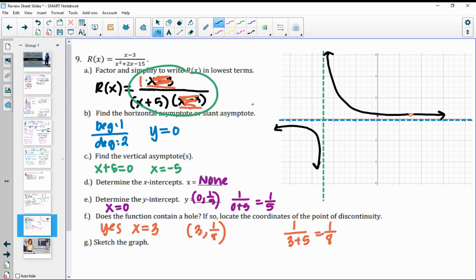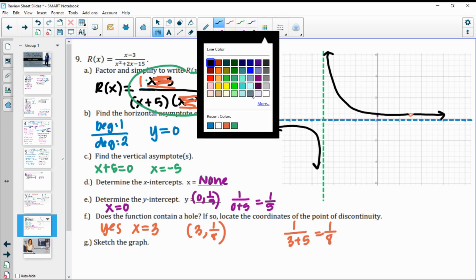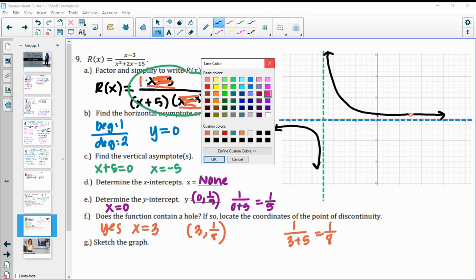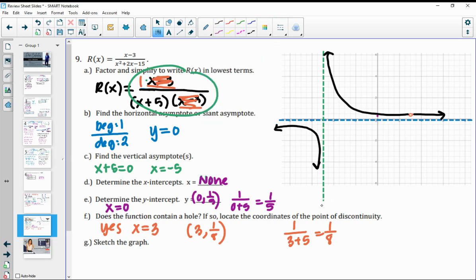And then let's actually talk about the domain in this one, just to make sure that we understand the domain. So the domain here is going to be all of the values except for this vertical asymptote.